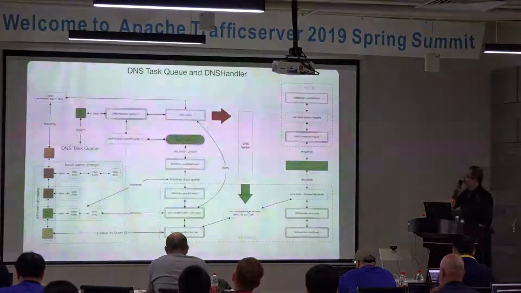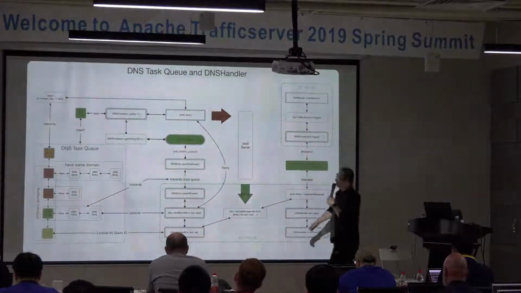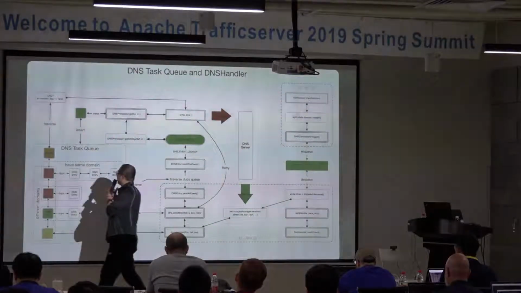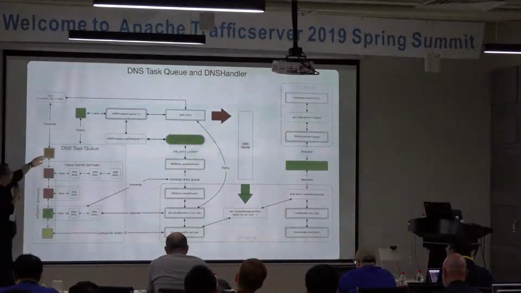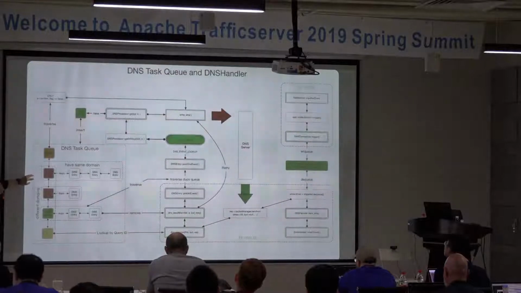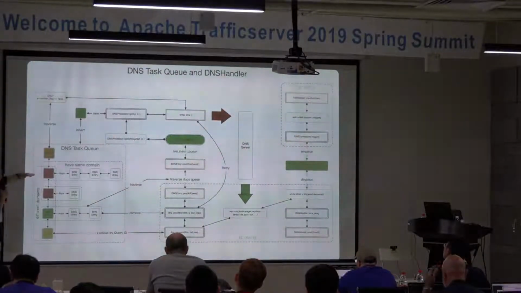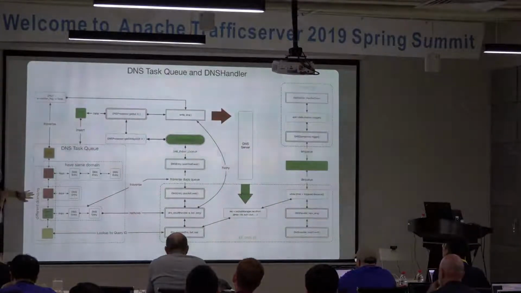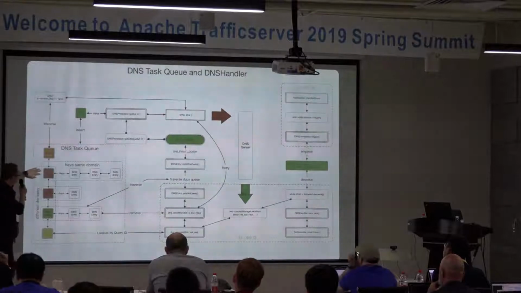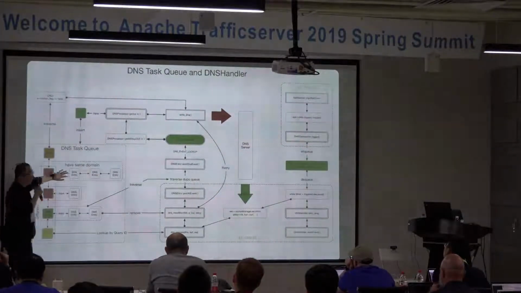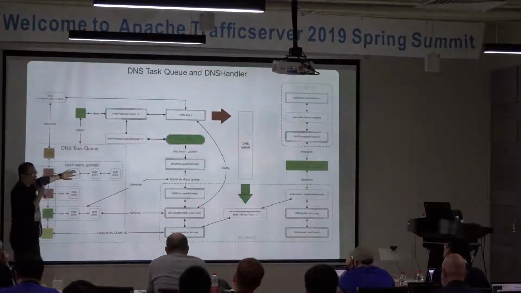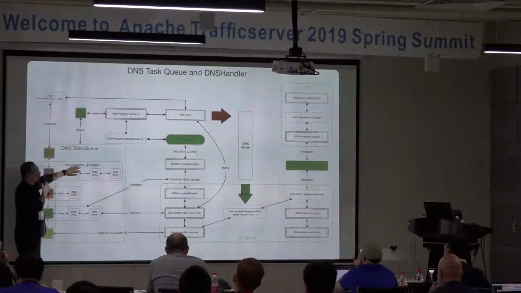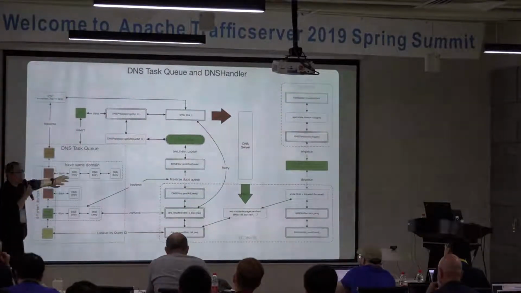This is a loop. It's the DNS task queue. It is similar to a table. Each row has a different domain. The entries in one row have the same domain request for DNS.